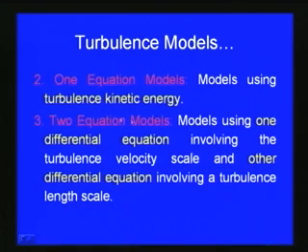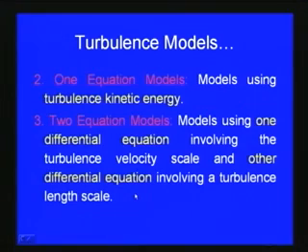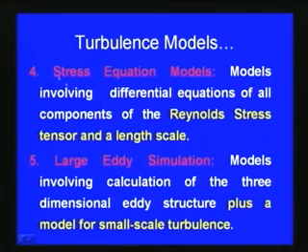In two equation models, what we do is, this model uses one differential equation involving the turbulence velocity scale and another differential equation involving a turbulence length scale. So, this is the third kind of model, which is called the two equation model. And the fourth kind of model is called the stress equation model.